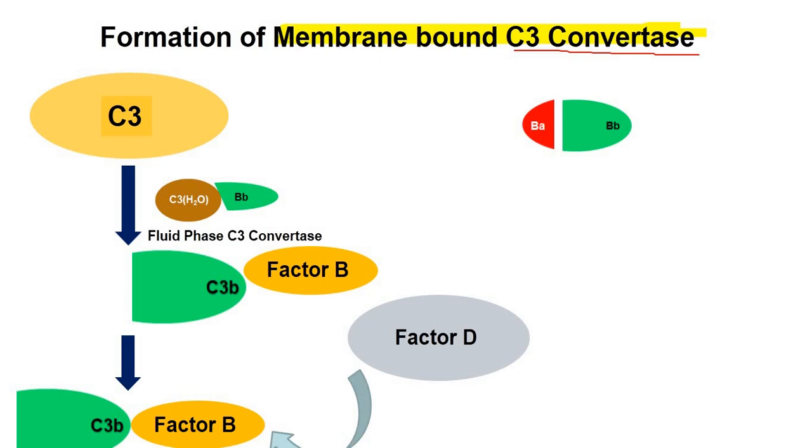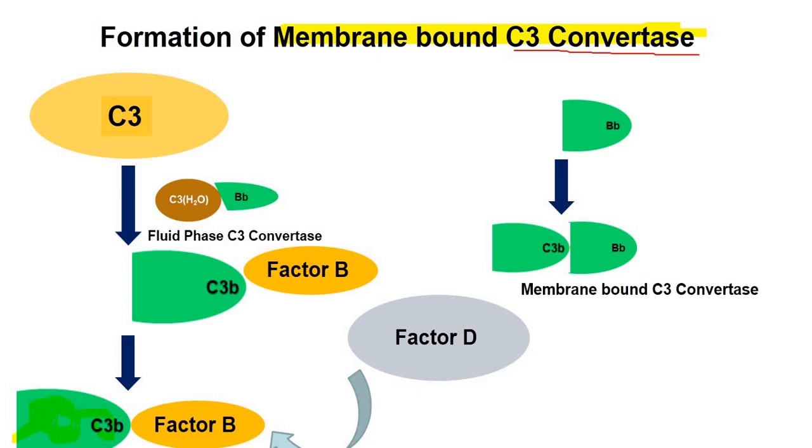As the name suggests, Ba, the smaller fragment, diffuses away. What is left with us is Bb, and this leftover fragment combines with C3b to form C3bBb, and this is called membrane bound C3 convertase.